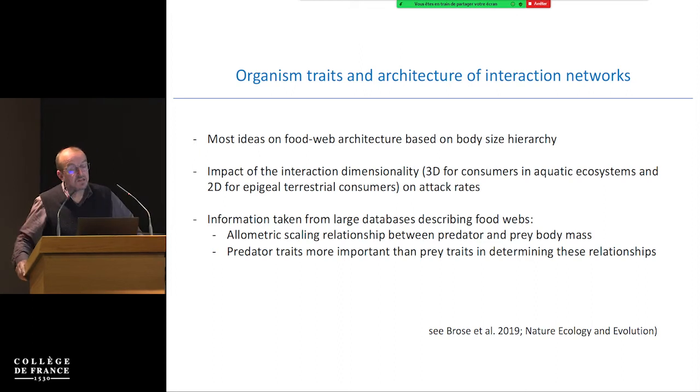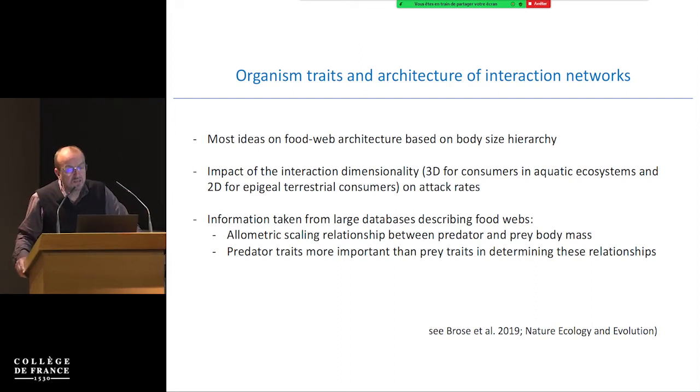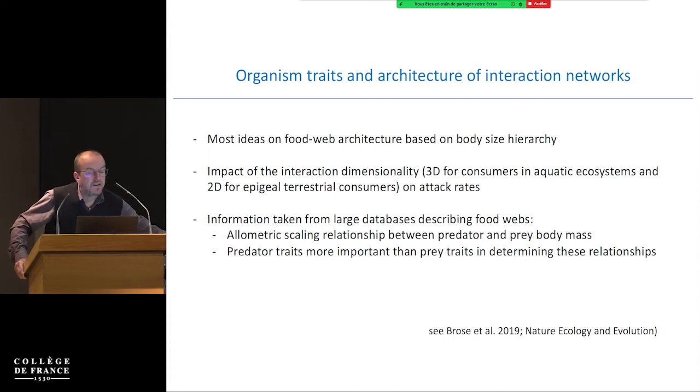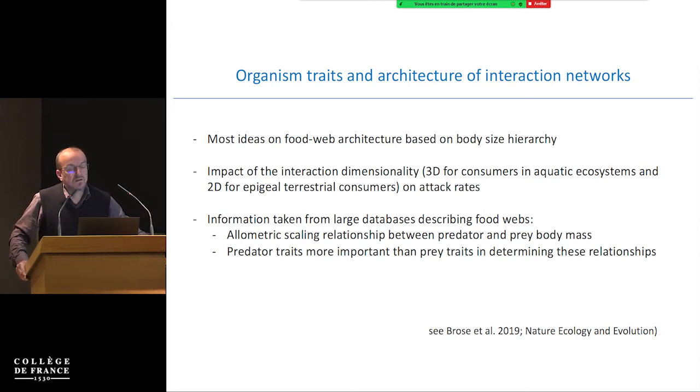Another aspect associated to approaches on aquatic systems and also on experimental systems was the fact that there was a strong hierarchy based on body size for food web architecture.